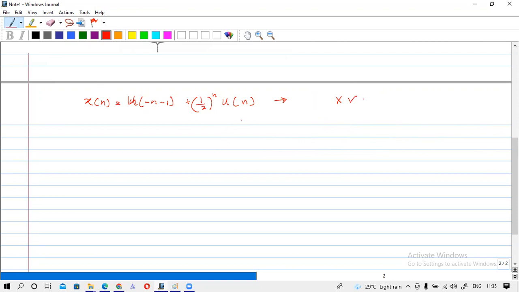Instead I can use a very simple property. What is that? Can anyone tell me what property we can use to evaluate the composite discrete transform?